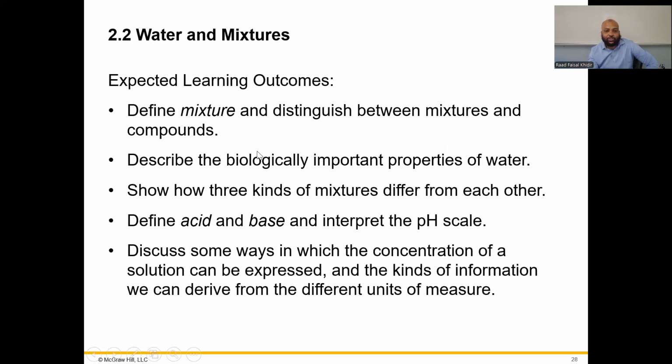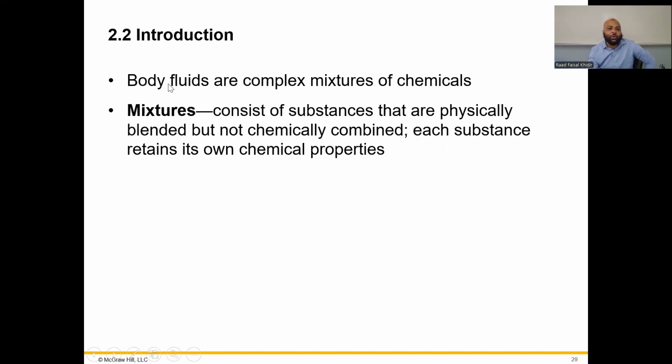Okay, water and mixtures. So we talked about mixtures, that we have multiple things that retain their properties. Body fluids are complex mixtures of chemicals. These mixtures consist of substances that are physically blended, but not chemically combined, and each substance retains its own chemical properties.